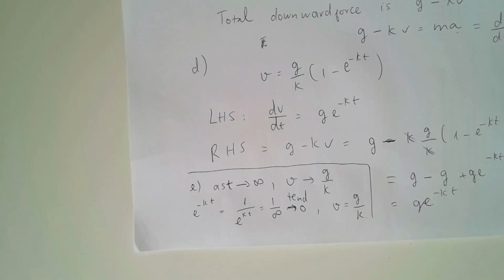Limitation of this model. You can give any limitation. Basically, maybe what I was saying is that the ball is not a particle, and the surface of the ball matters as well. Give me any reason why.